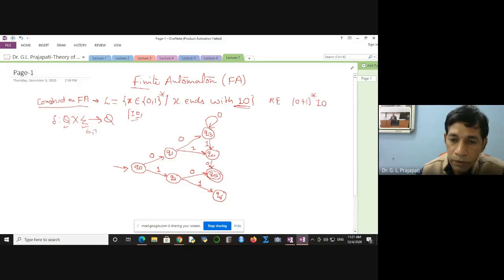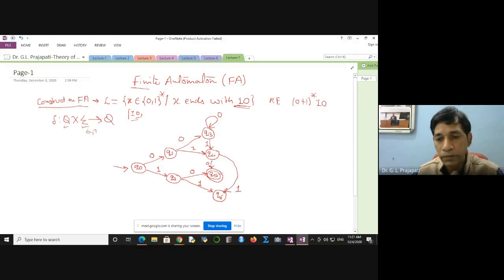When you are at Q4 and your machine is receiving the input 1, the last two symbols become 1, 1. Once the last two symbols become 1, 1, where are you going to remember that? In the state Q6. So for the case of 1, you need to come to state Q6. So you have seen the transition for 0 and 1 at the state Q4.